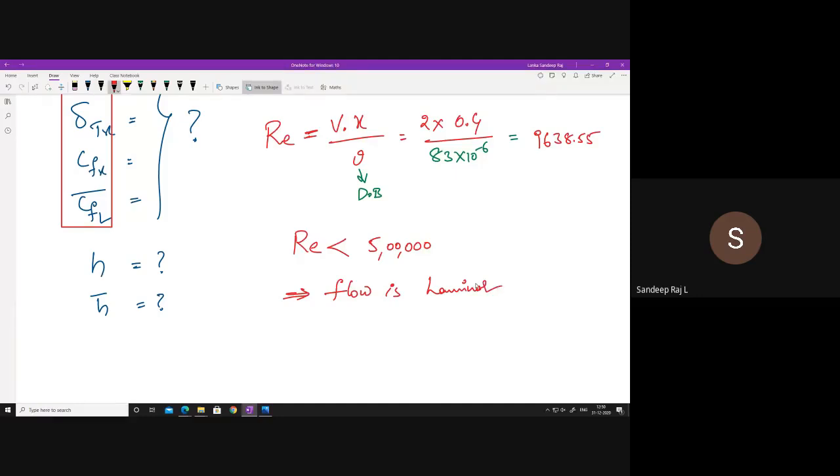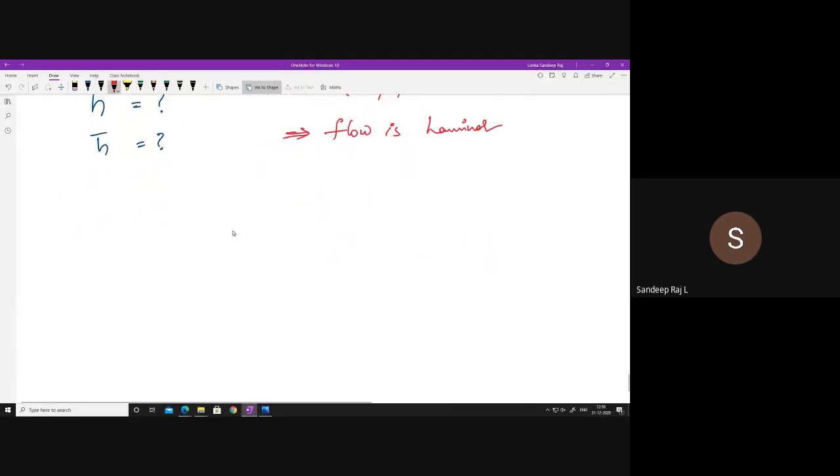So once you know that the flow is laminar, you can use all the formulas that are there for delta hx, delta Tx, Cfx and Cf bar.